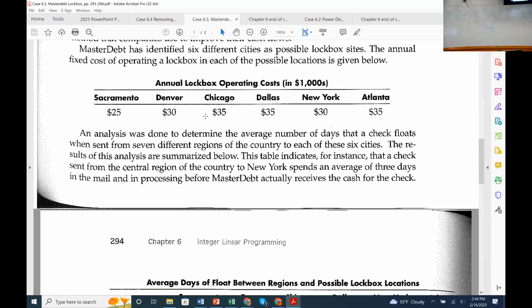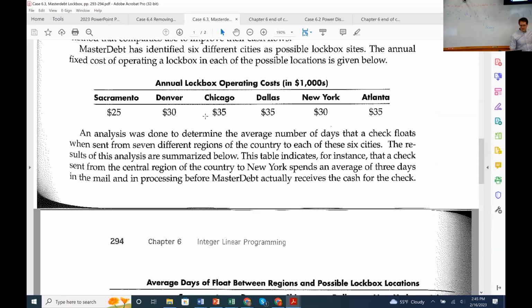For all lockboxes J, if we add up across all the regions a count of the number of regions mailing checks to that lockbox, that's less than or equal to big M times Yj. This is what forces us to pay the fixed cost of lockbox J if we're mailing checks there.